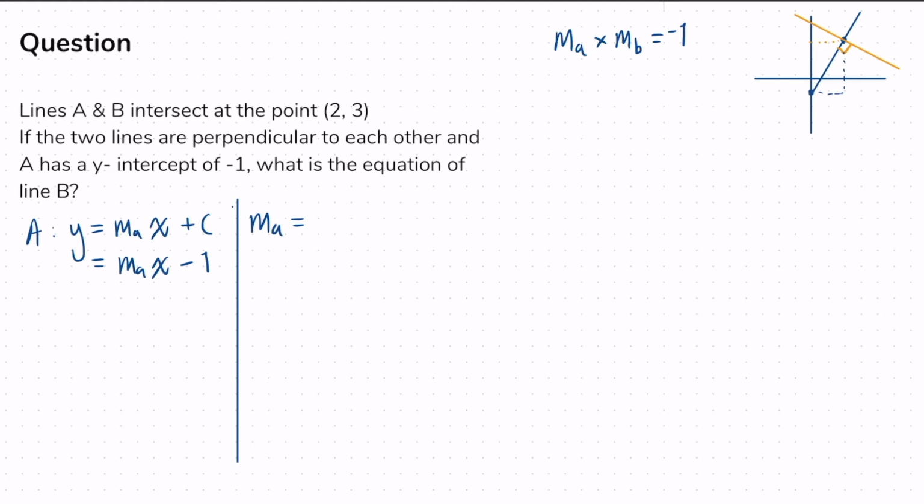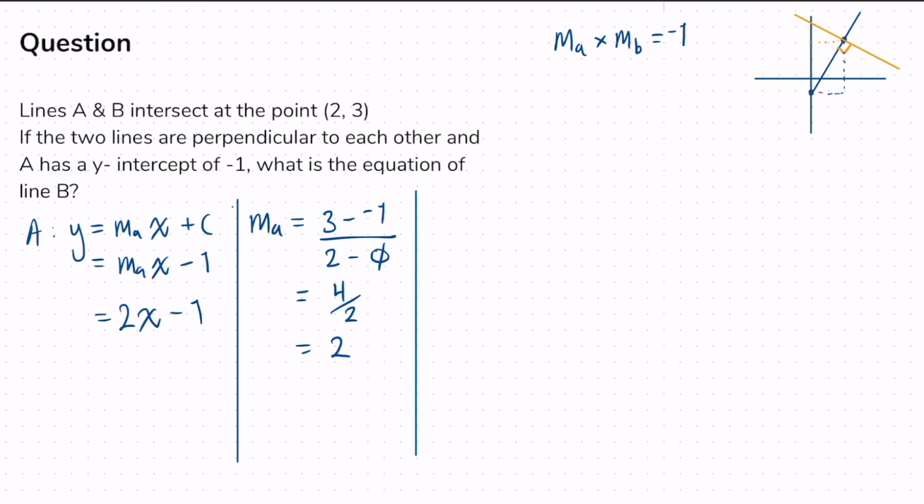If I go across one, how far up do I go? In this instance, I'm going up from -1 to 3. So what's the difference between 3 and -1? And what's the difference between 0 and 2? Okay, so line A is y equals 2x minus 1. And it's positive, so that's kind of what we were expecting.